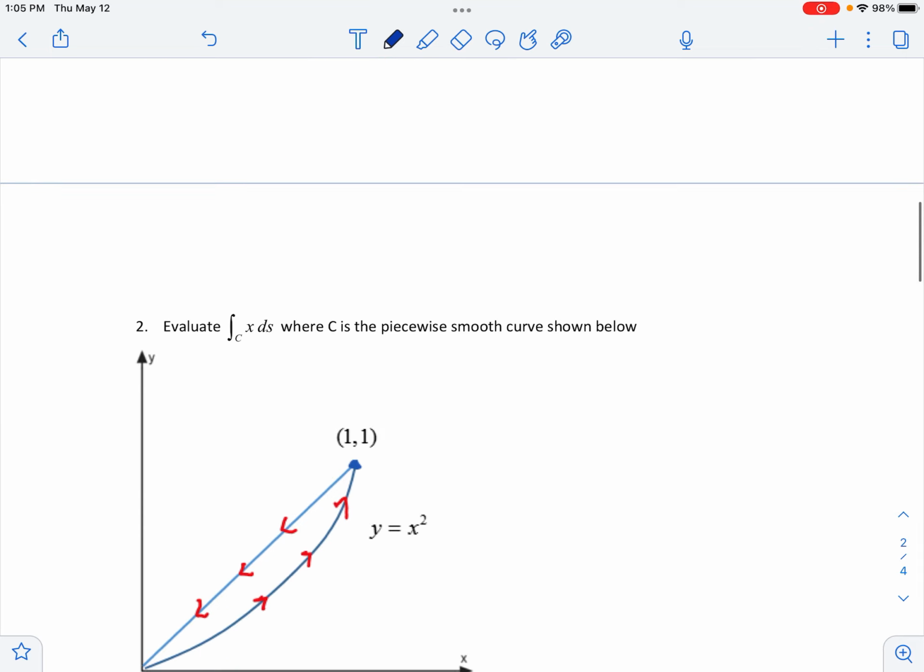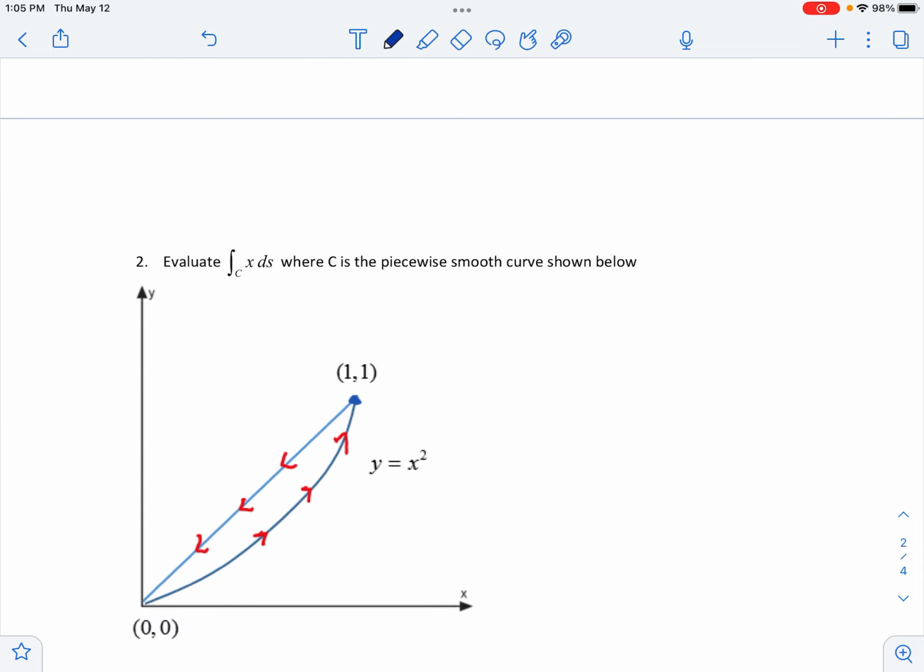Now, let's go down here. Now, we have this line integral here, and this line integral does not involve a vector field. It involves a scalar function. Now, remember, with the scalar function, we're going to parametrize it. We're going to find a parametric expression for these curves. I've got C1 here and C2 here.